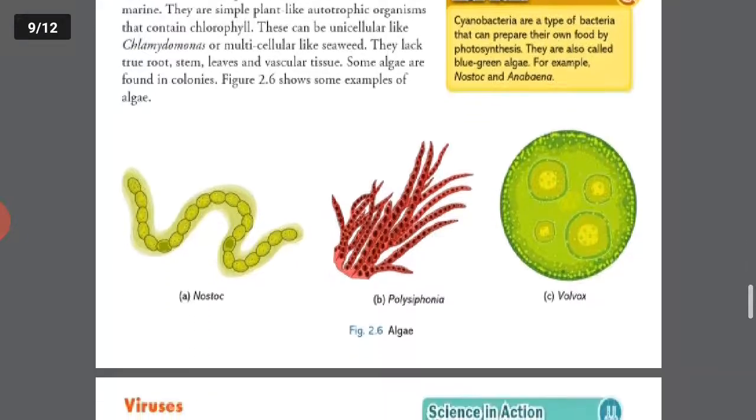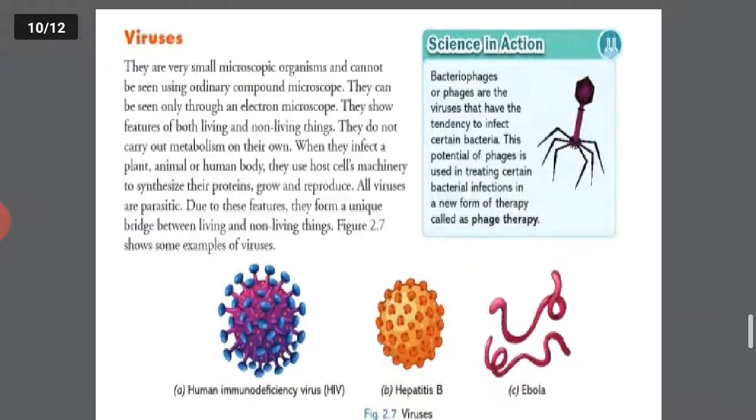Let's move further. Virus is another type of microorganism. They are very small microscopic organisms and cannot be seen using an ordinary compound microscope. They can be seen through an electron microscope. They show the features of both living and non-living things.